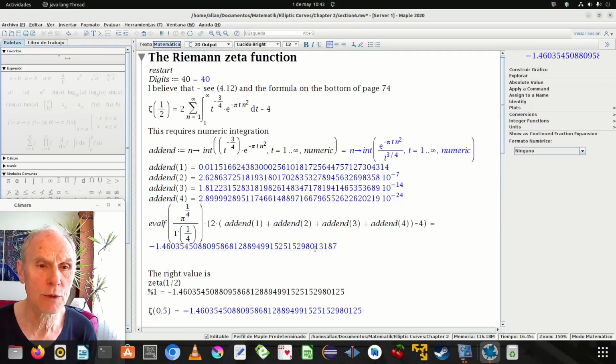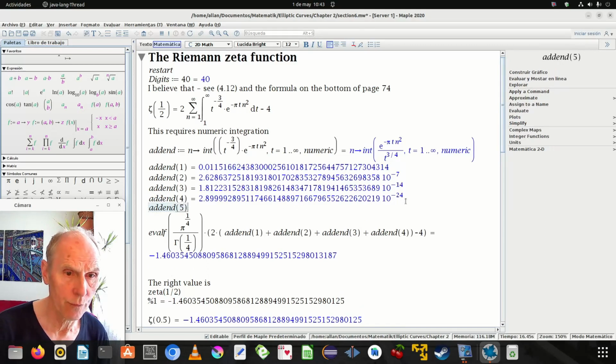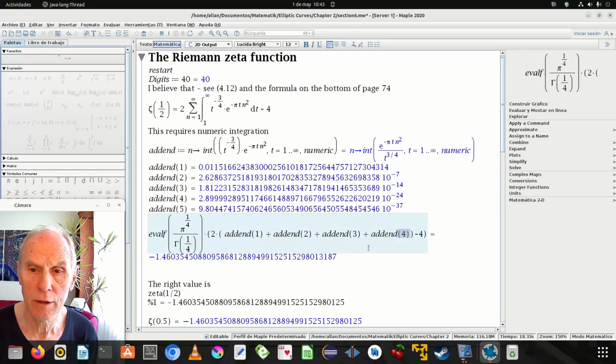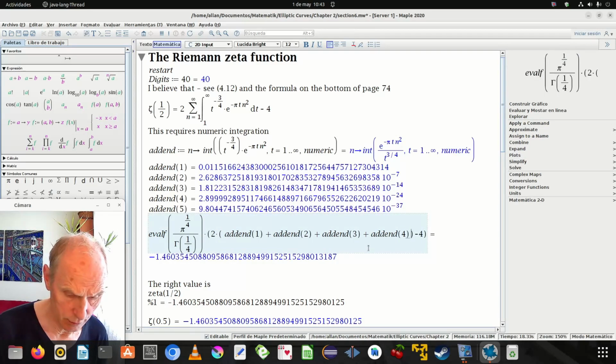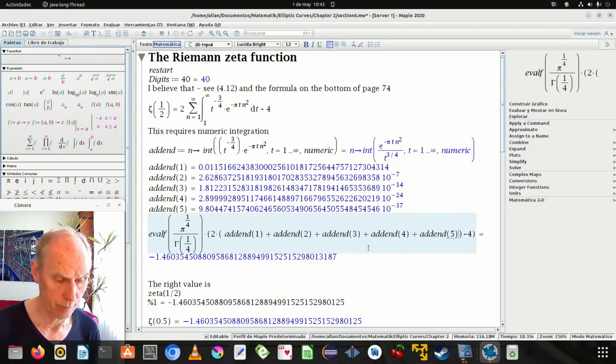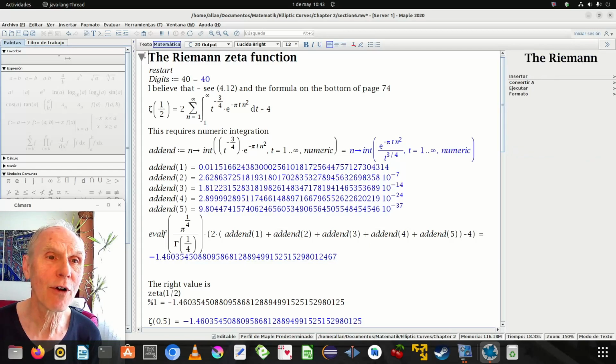Oh, it still doesn't agree. Maybe we should have added 5 on as well. Yeah, that's what we need here. And then it agrees, ending on 125. Right. So that was the Riemann theta function.